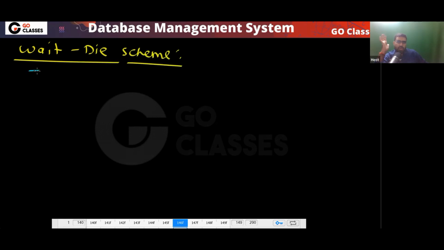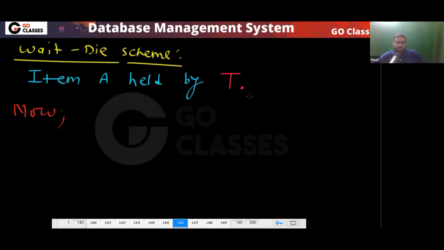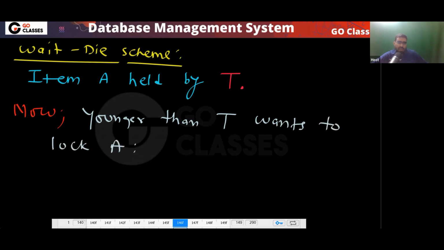Let's assume item A is already held by some transaction T. Now, if a transaction younger than T wants to lock A, then what will happen?